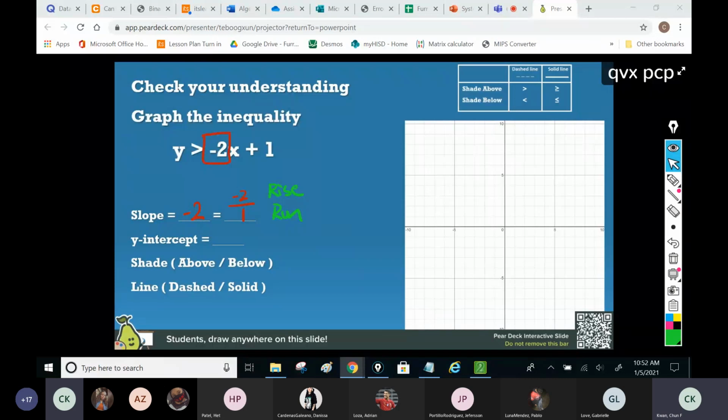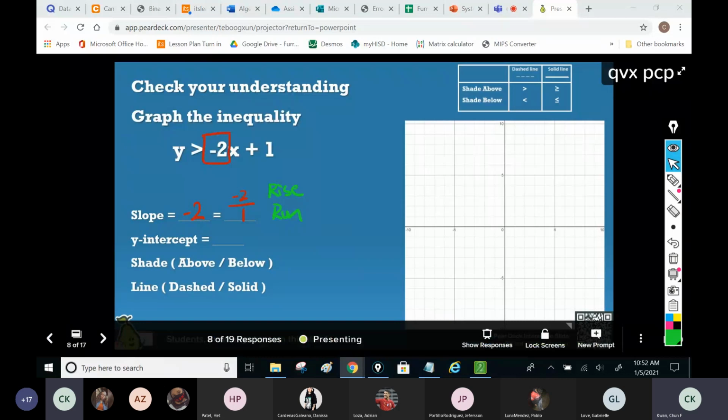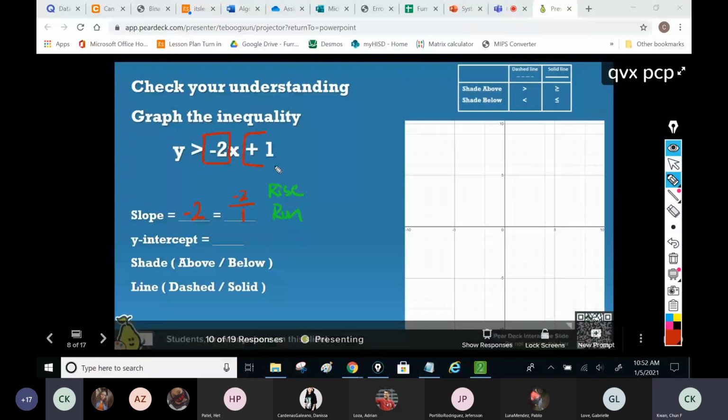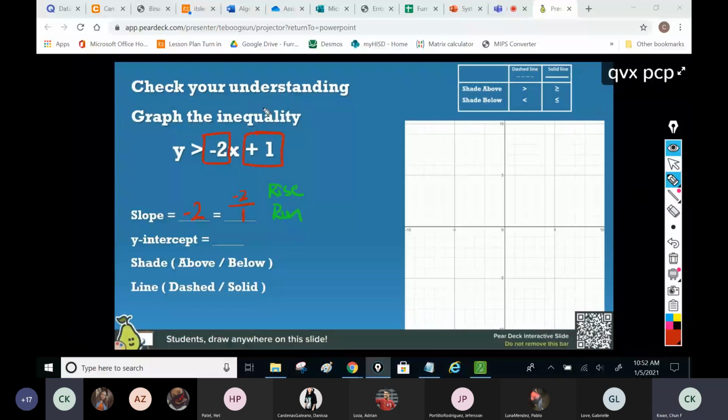Hey, Gabby, can you take a look at my screen real fast? So the y-intercept is the number right here, the number at the very back. We are looking at the y-intercept being positive 1.